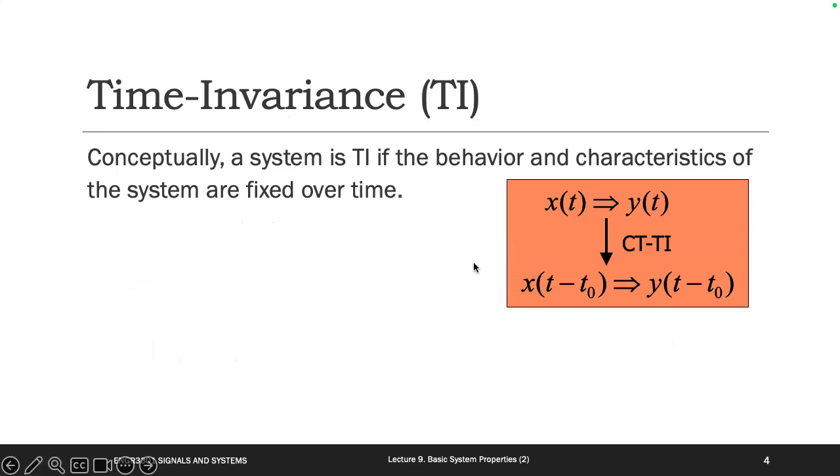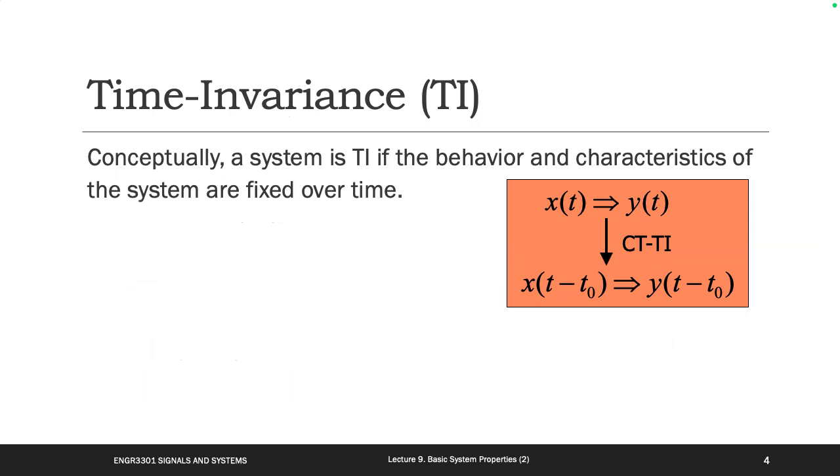Your input and output have a specific relationship. As time passes, whether you construct the system today, tomorrow, in the future or in the previous time, it will not change. That makes sense to you?